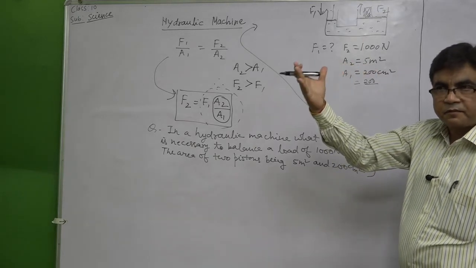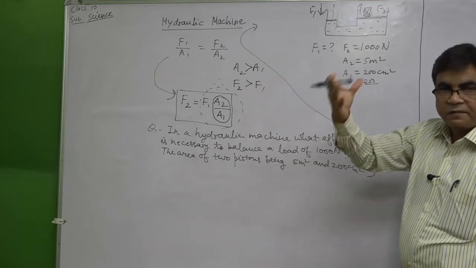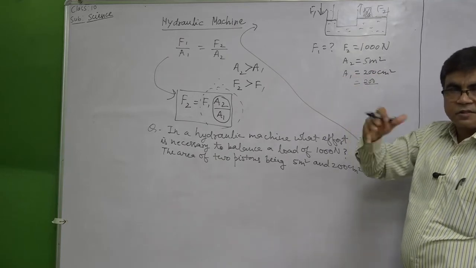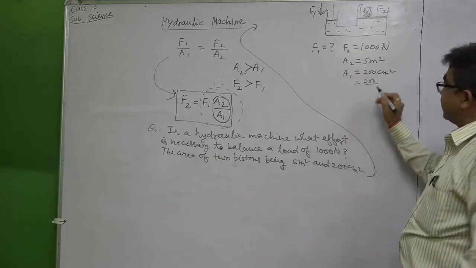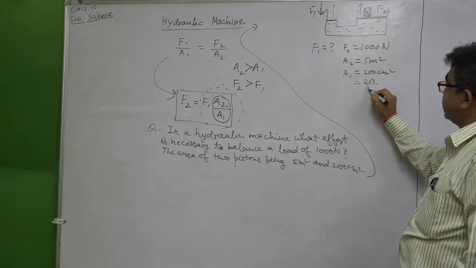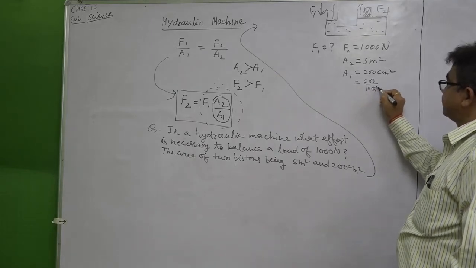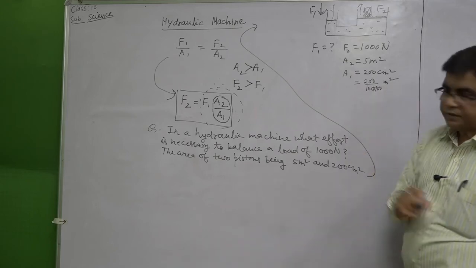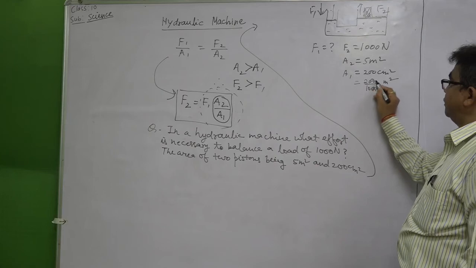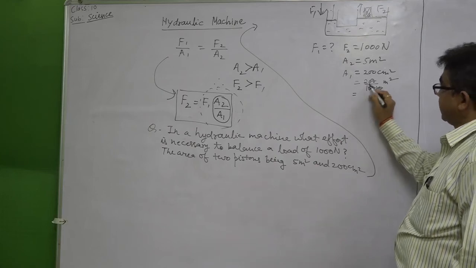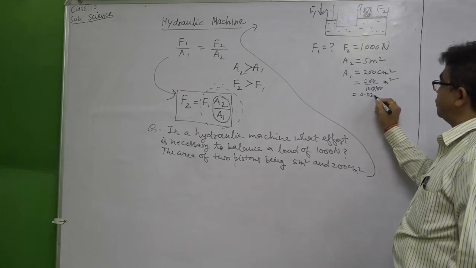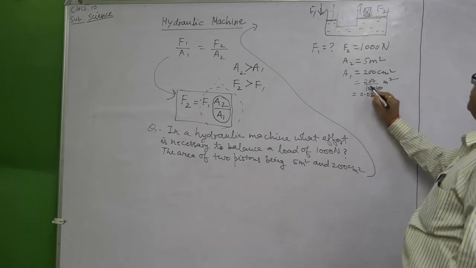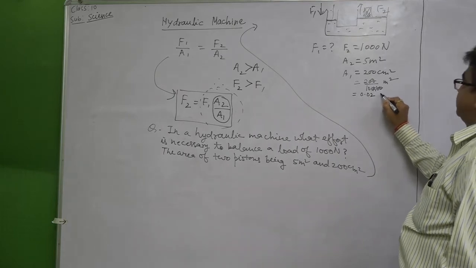To convert centimeter into meter, you divide by 100, but this is centimeter square, so you have to divide by 100 two times, that is 100 into 100. Now it has become meter square. 200 upon 10000 is 0.02 meter square.